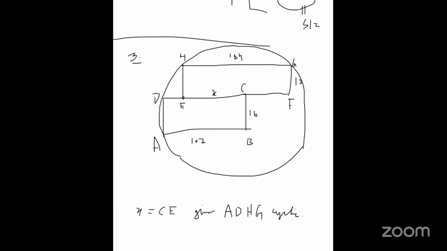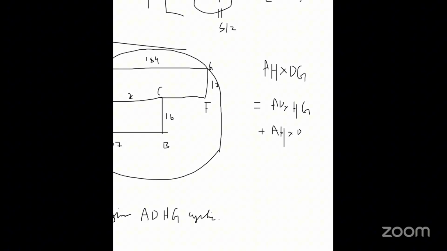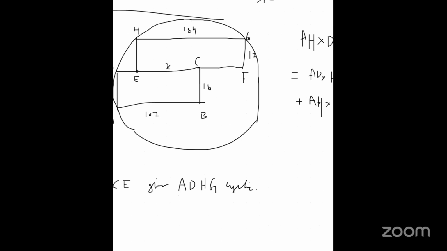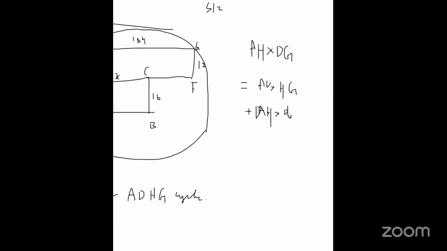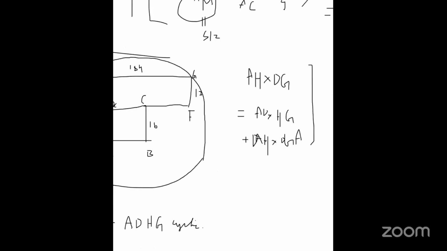Sorry, DH times GA. So this would be like Ptolemy's theorem. And one can just compute each of these lengths and then multiply all of them, get a huge bunch of square roots involving x squared, and then expand everything, solve for x. So this is possible if you know Ptolemy's theorem, and if you're very courageous with calculation, because I will not want to write this with a trackpad. It's certainly possible by hand, but with a trackpad, this will be quite bad, I think.